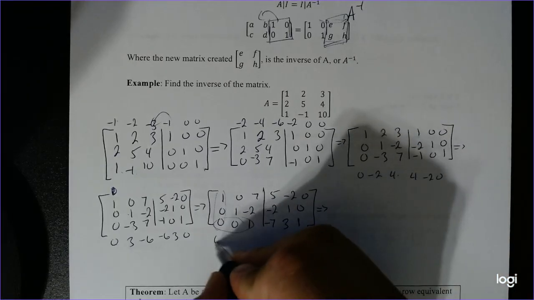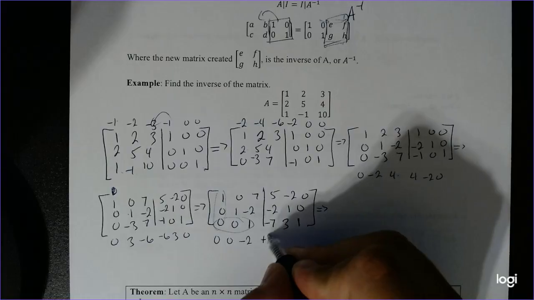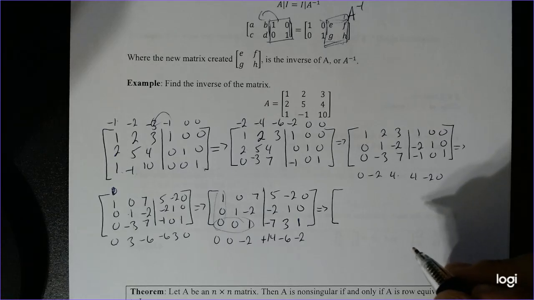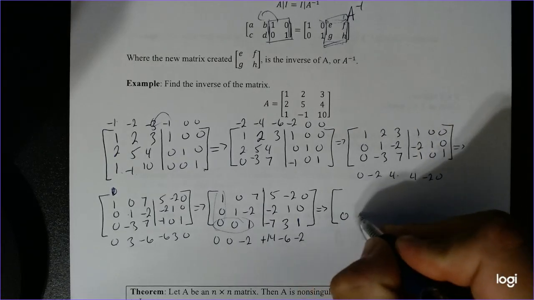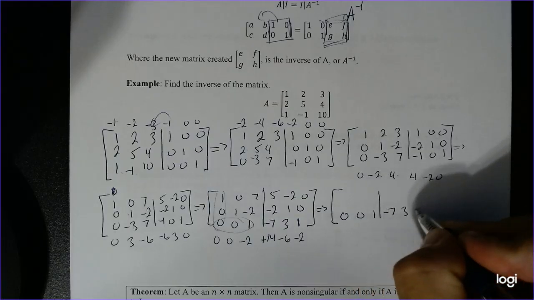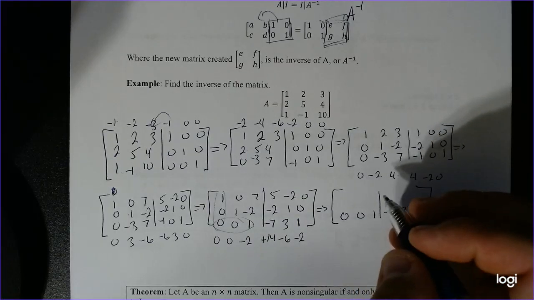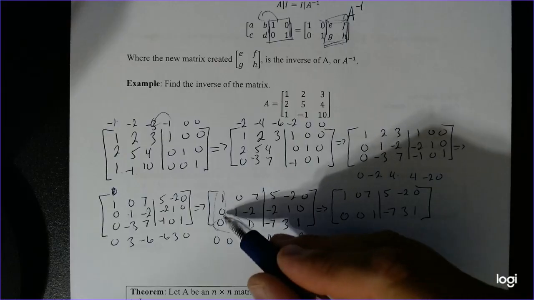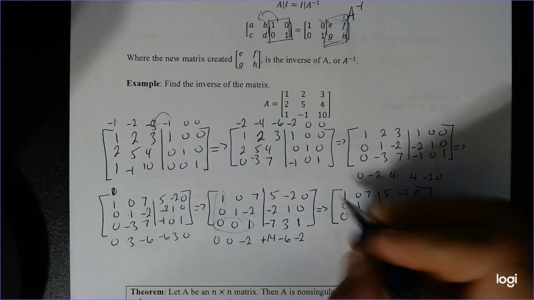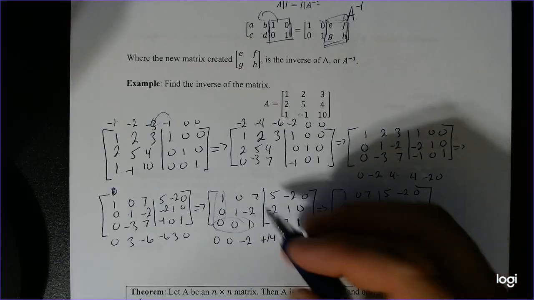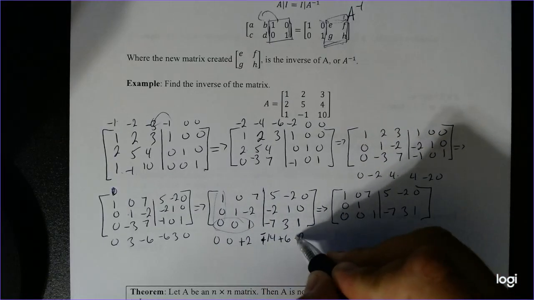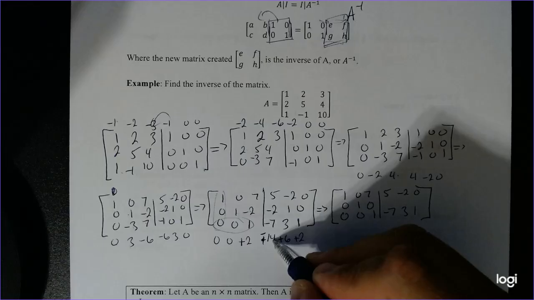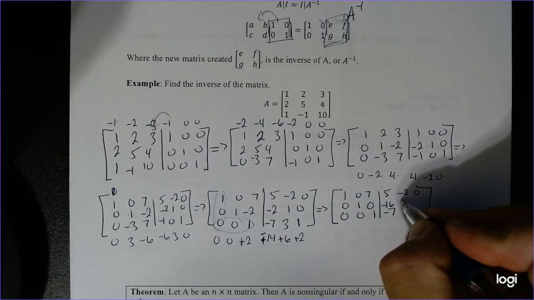So I'll multiply this by -2. Ooh, multiply by 2. Sorry, so this is 1 these times. Okay, there you go. -16, 7, and 2.